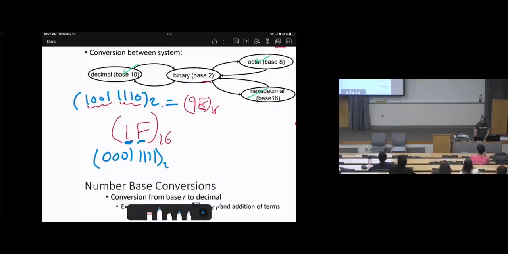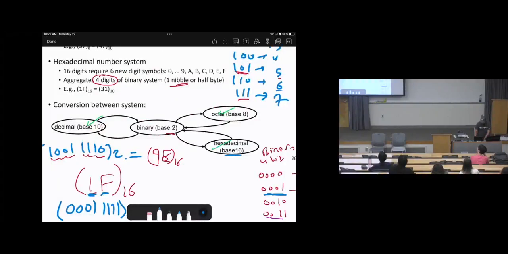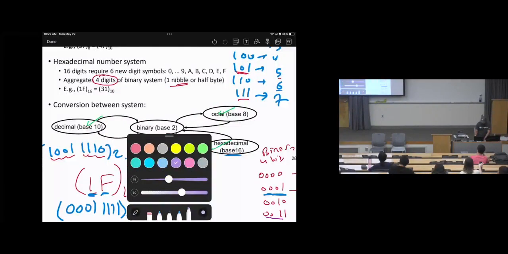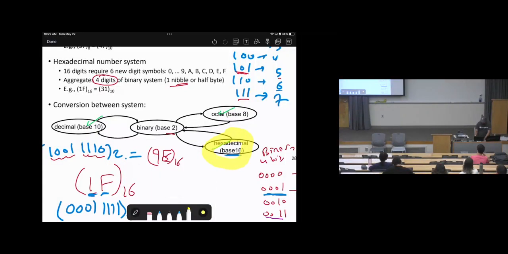We have the number in hexadecimal, and I need to find the octal. So go back to binary, then go to octal. Or the other scenario, go to binary, then go to decimal.